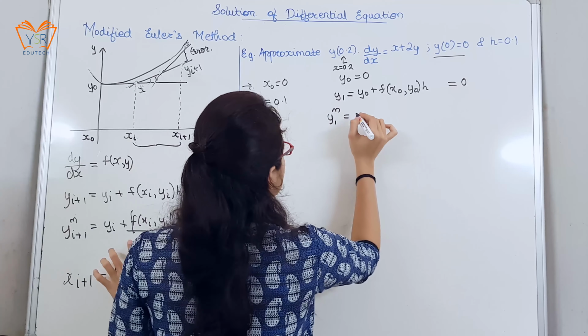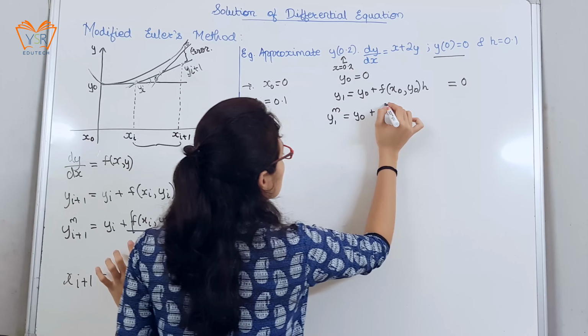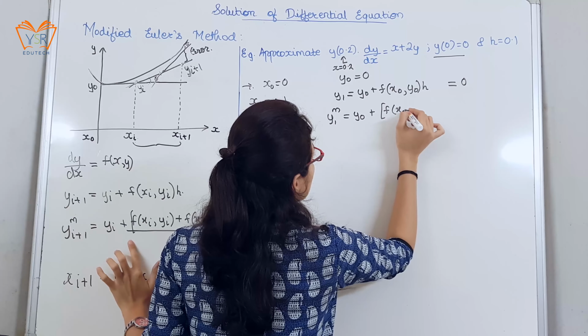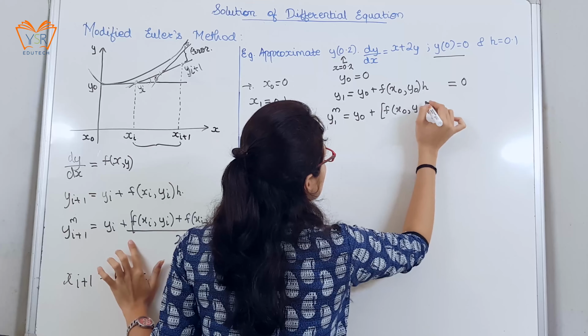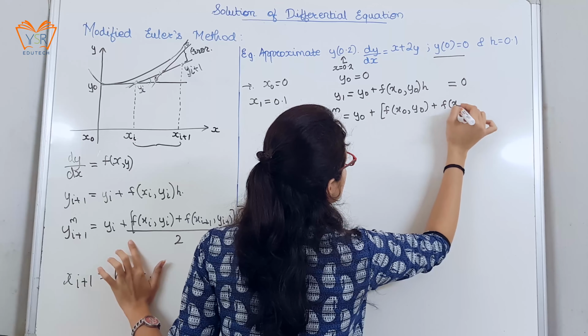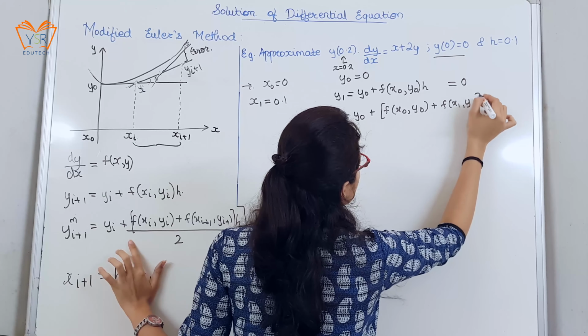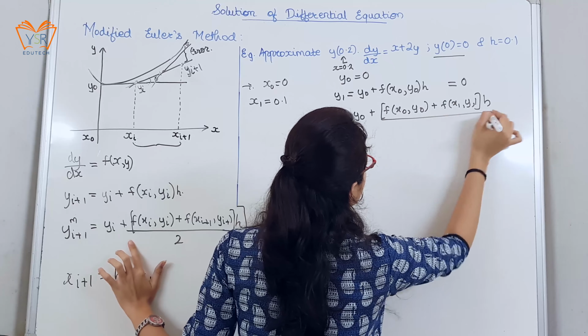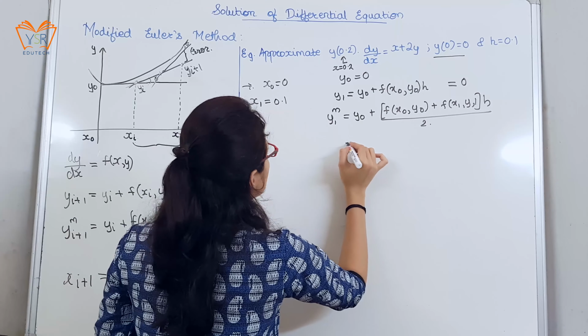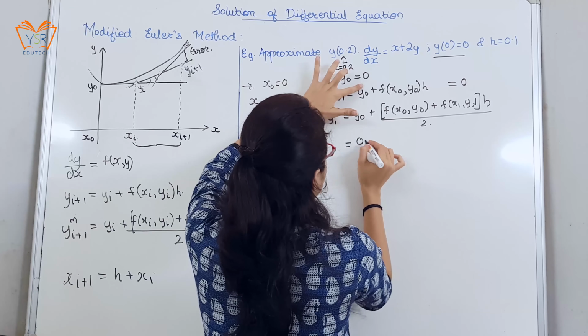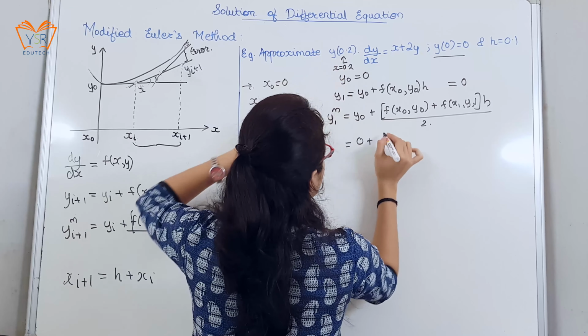So the formula becomes y1 modified equals y0 plus f of x naught comma y naught plus f of x1 comma y1, into step size divided by 2. Now we will substitute the values. Y naught is 0, function is x plus 2y.